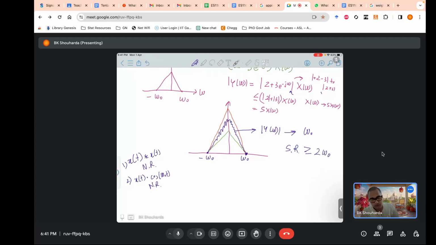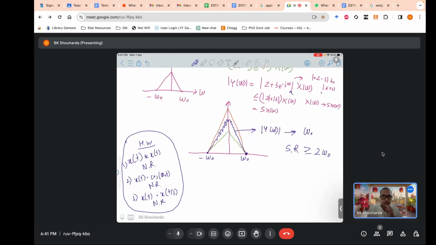And then x of t multiplied by x of t upon 3. For all these three cases I give you homework to find the Nyquist rate.